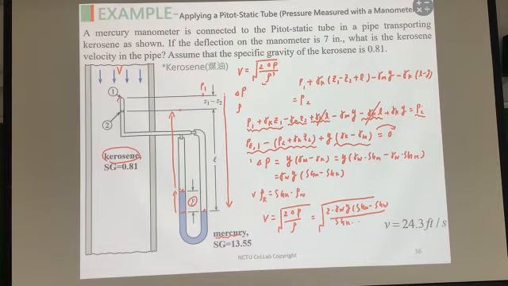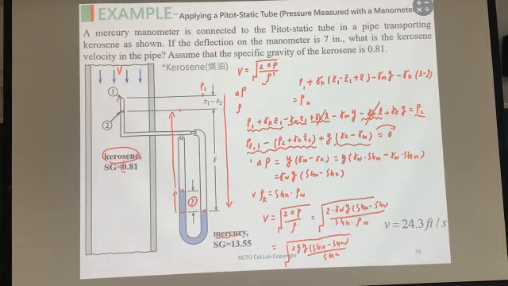The rho is SGK multiplied by rho W. Okay, and then we know gamma W is rho G. So the rho W can cancel out. So we can summarize it: 2 times G Y, SGN minus SGK, divided by SGK.